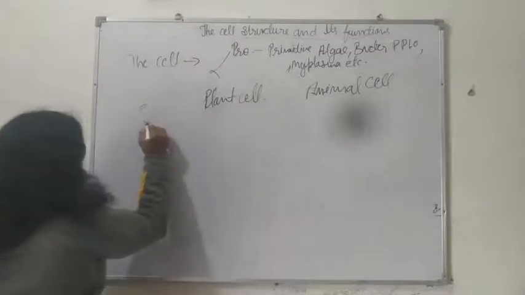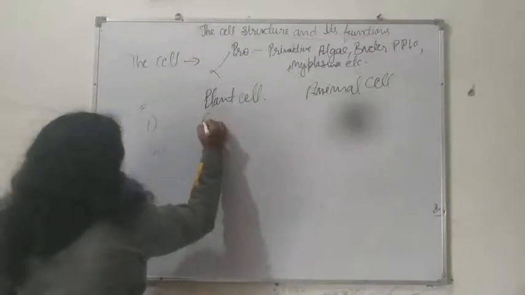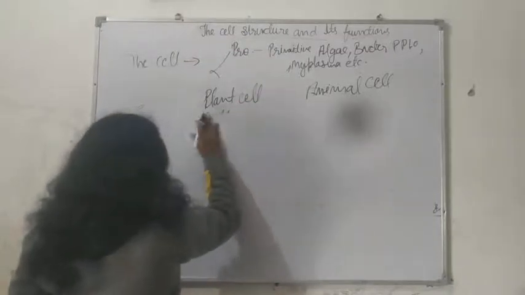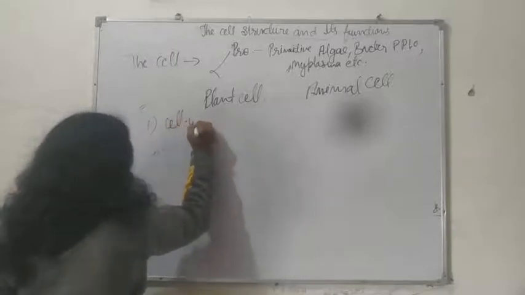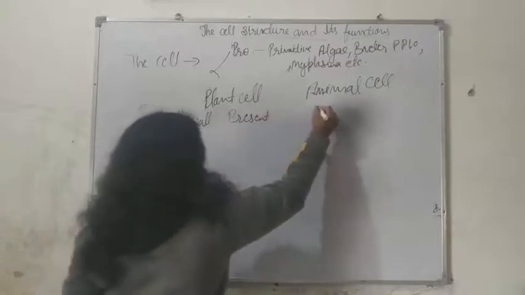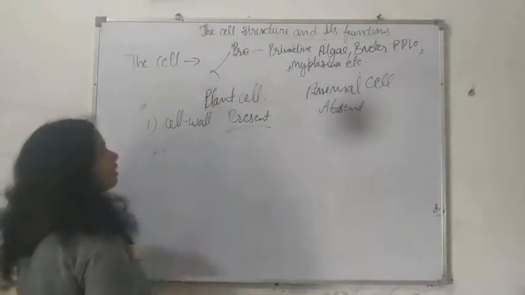For the first difference, the cell wall is present in the plant cell whereas it is absent in the animal cell.